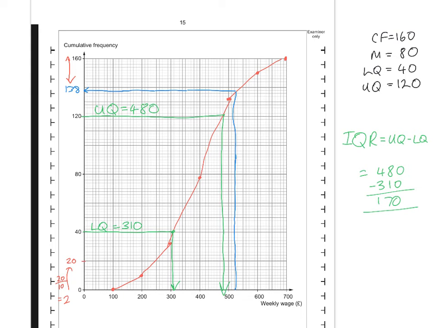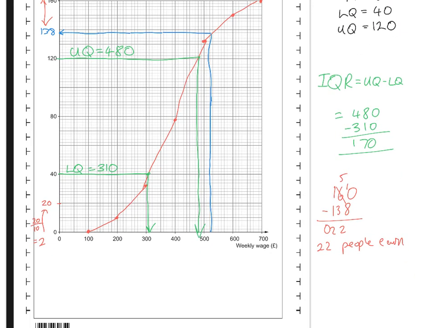So I need to do 160 take away 138, which is going to give me 22. So the answer is 22 people earn more than £520.